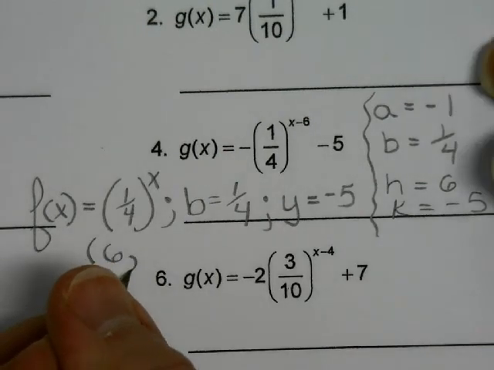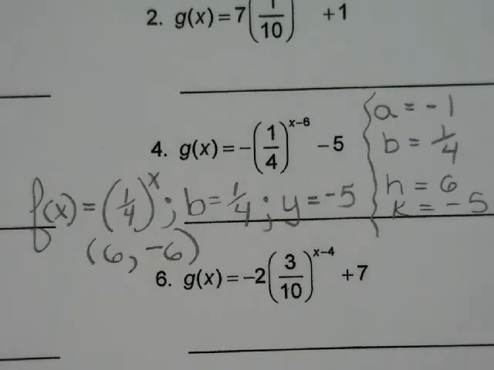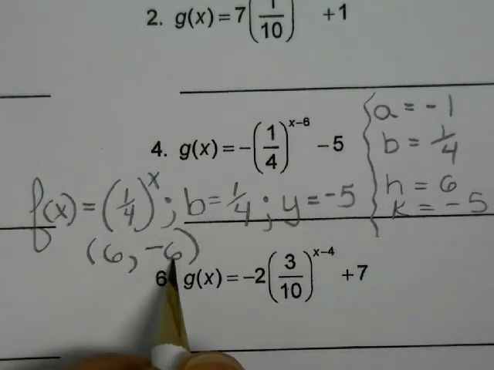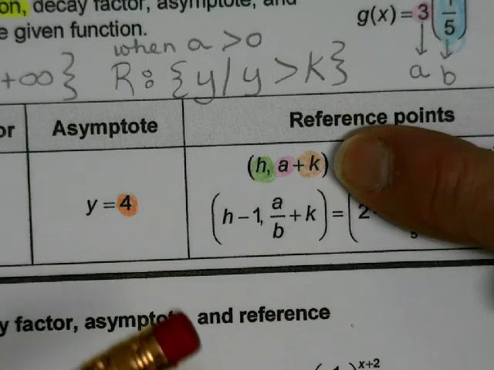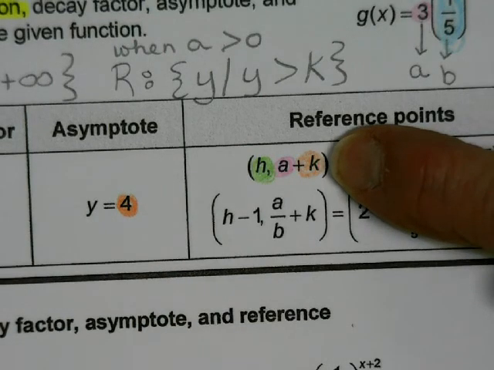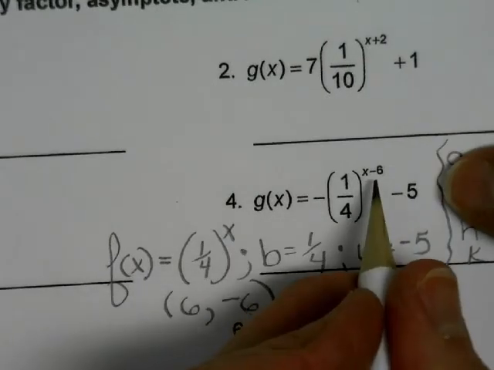And my reference point. So I put H, and then I add A and K. It's simple as that, guys. -1 plus -5 is -6. If you weren't watching, you didn't see. This is A plus K, right? Look up there in the story above here. This guy right here.